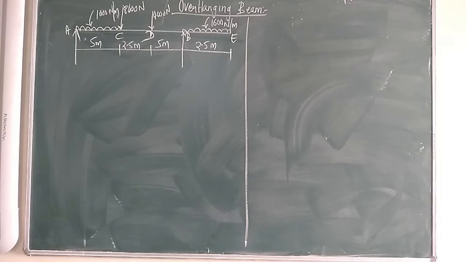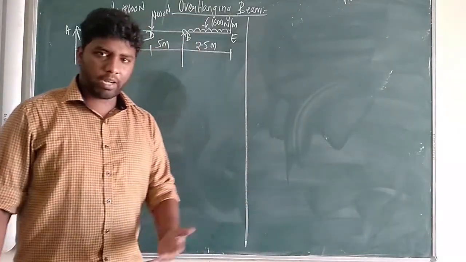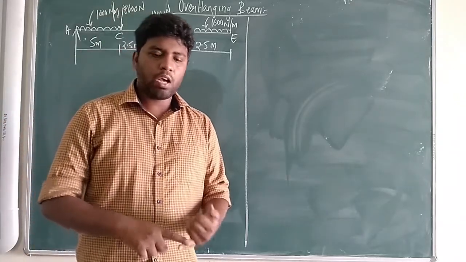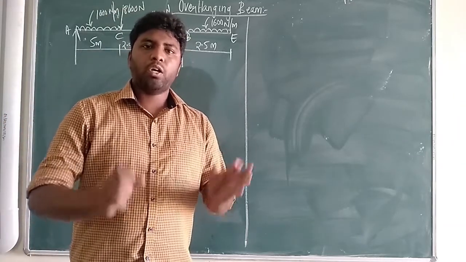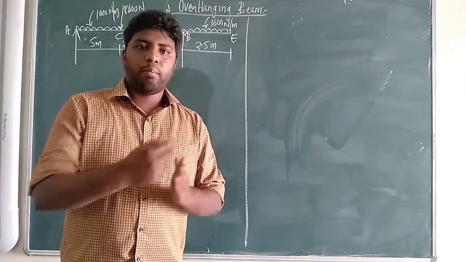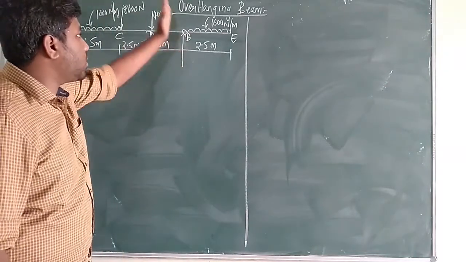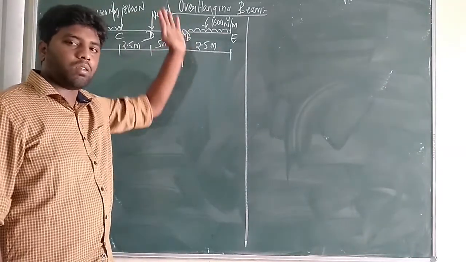What is your first step before calculating shear force and bending moment? You have to calculate the reactions. Why? Because if there is a support, that support will also make a force upwards on the beam.